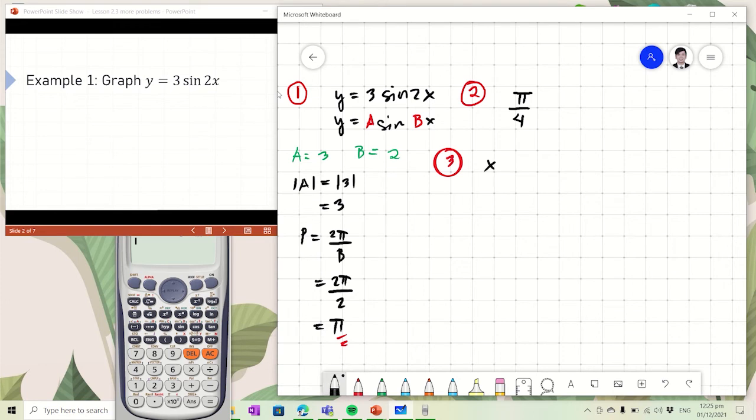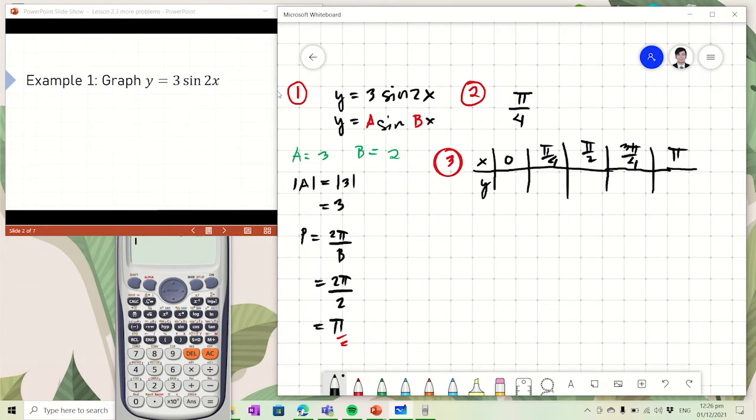This is something that I've already presented last time. So this is x, this is y. Start from 0 and then pi over 4, then afterwards pi over 2 and then 3 pi over 4 until pi na yung x natin.